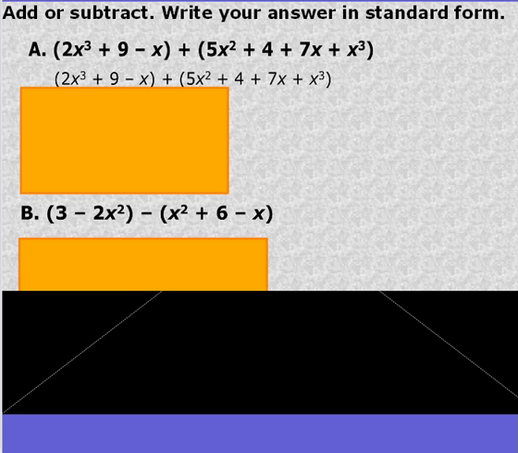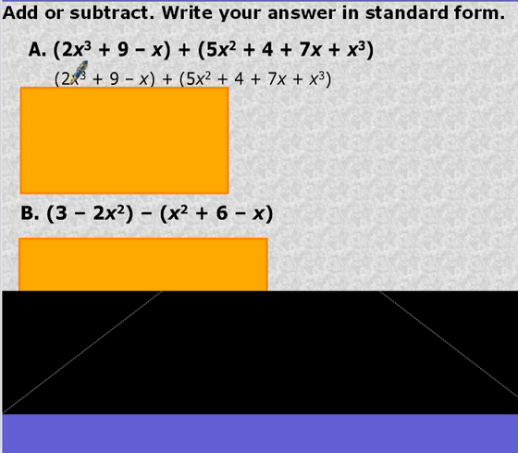All right, add or subtract. So we're just going to add and or subtract like terms. And don't forget, if it's a subtraction, to distribute the negative sign. So we're going to group together the monomials with the same variables and exponents.